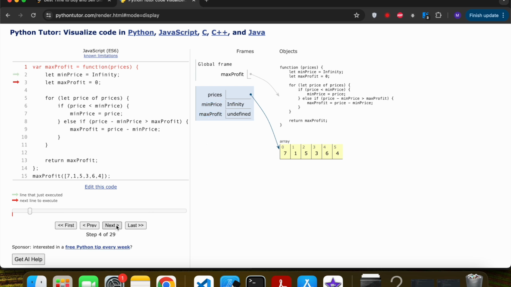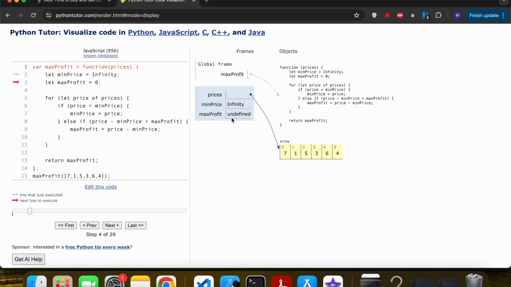Minimum price should be infinity at first because we want to fill it with any number. Since any number will be smaller than infinity, it will be filled with the first price we see.